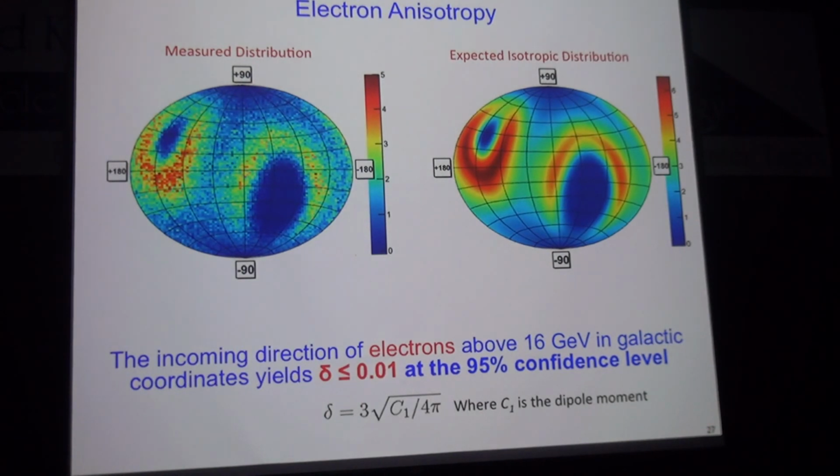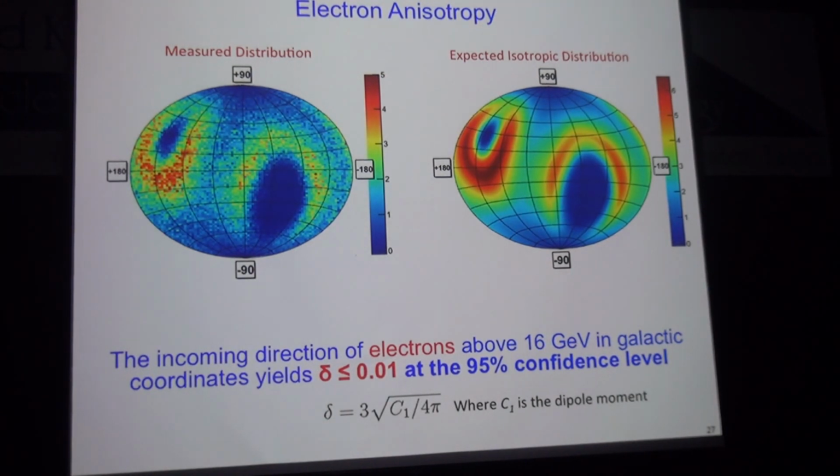The anisotropy expected from the astrophysical explanation of the excess is also very small, unless the pulsar is very close to us, because the magnetic field of the galaxy will already smear out the direction.